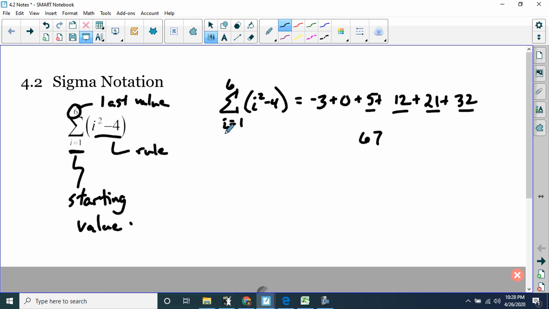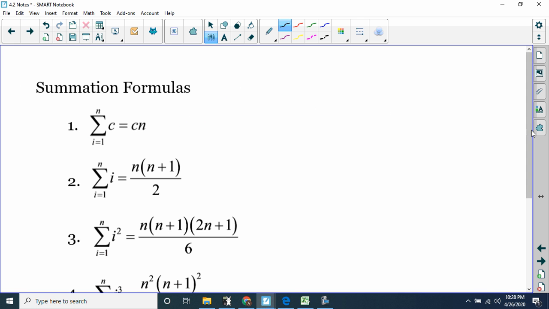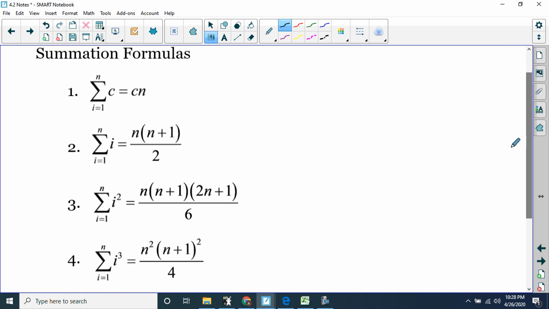Plugging the values in works fine if you have like 1 to 6, but if that's 1 to 52, nobody's going to want to plug in all 52 numbers. So you could use your calculator, but she'll want you to use these properties occasionally. So there are 4 summation properties.